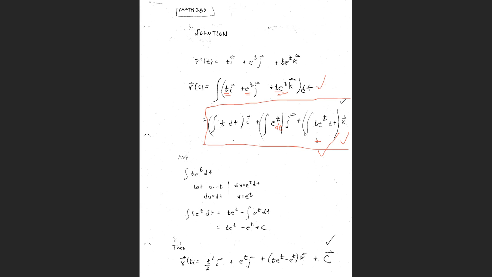Well, okay, so let's start our integration. The first integral is easy. The second integral is easy. This is the integral of e to the t dt. Third integral, the integral of t times e to the t dt.